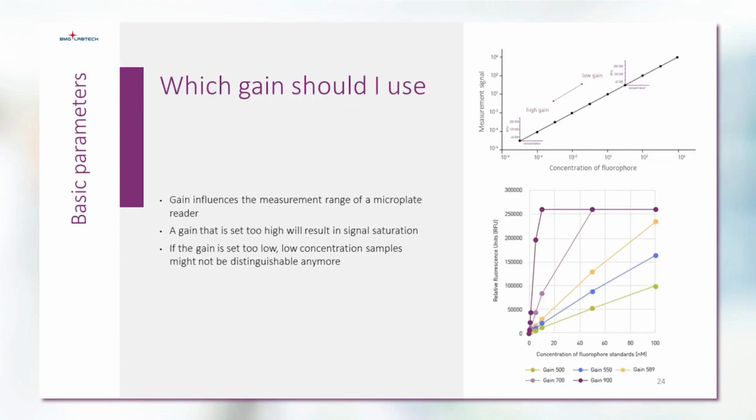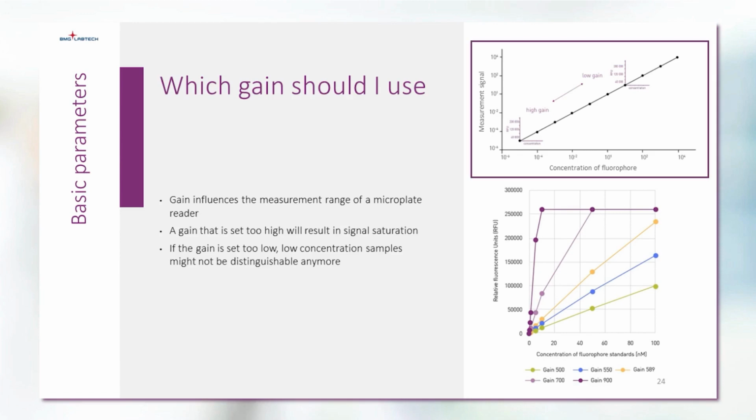Thank you, Anne. Yeah, and now we have arrived at the point just before starting your measurements. Still, there are some parameters left that can be optimized for best measurement results. One important parameter is the gain setting. The gain is a factor that defines the amplification of an incoming light signal by the microplate reader's detection system and influences the measurement range of a microplate reader, which you can see on the upper right.